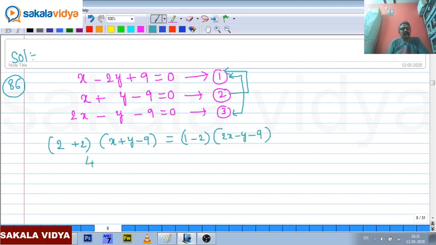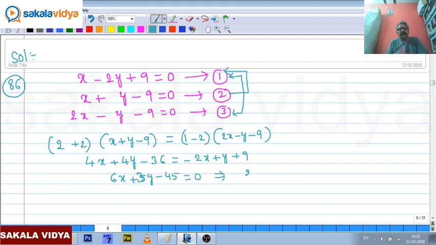This will be 4x plus 4y minus 36 equals to minus 2x plus y plus 9. This is 6x plus 5y minus 45. This will be 3y, sorry. 3y minus 45 is equal to 0.